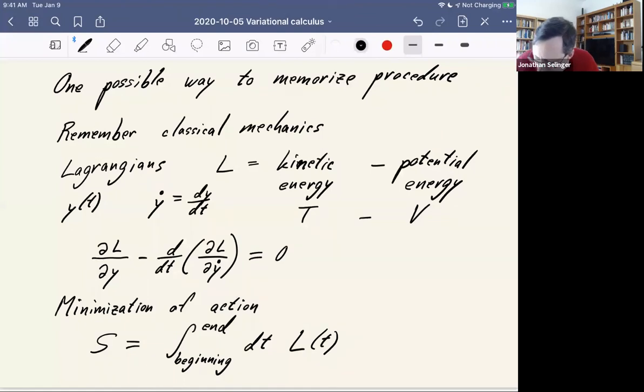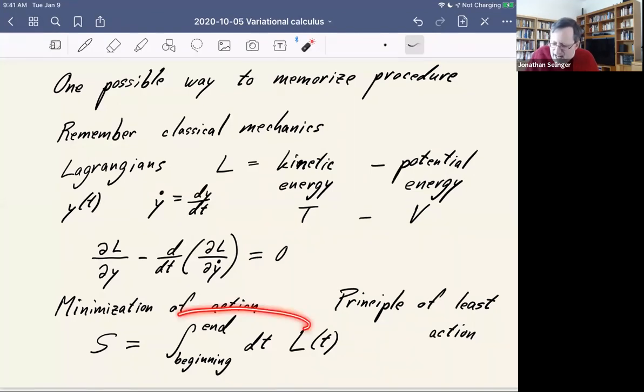This is sometimes called the principle of least action. That is, classical mechanics automatically minimizes this integral, which is called the action. It minimizes the time integral of the Lagrangian.